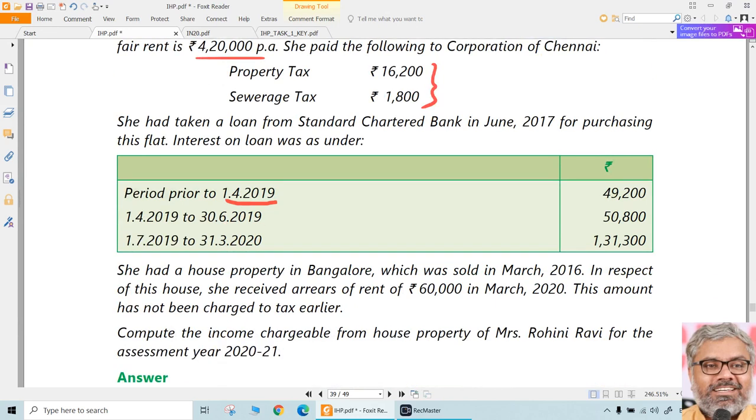So prior to 1/4/2019 is definitely pre-construction period interest. So 49,000 divided by 5. How much will that be? 9840. That is pre-construction interest. So 9840 is there already.